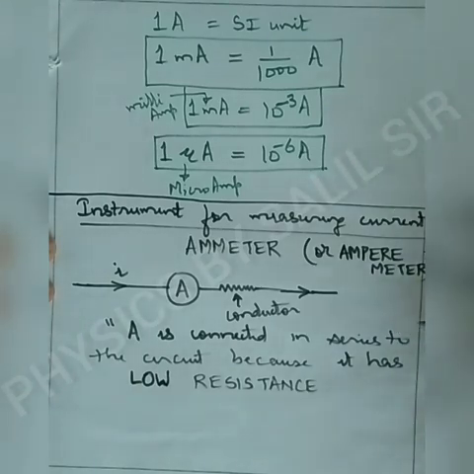Why are we using ammeter in series, why are we using voltmeter in parallel? So both you have to remember. Voltmeter is used in parallel because it has very high resistance, and ammeter is used in series because it has low resistance.